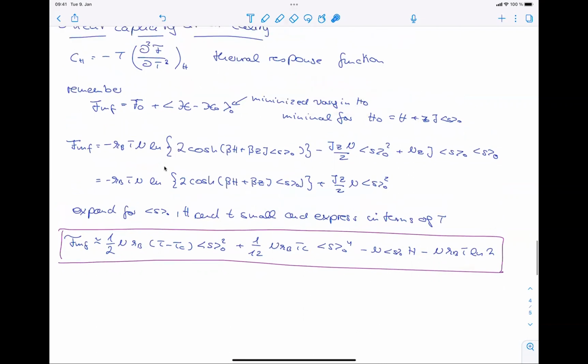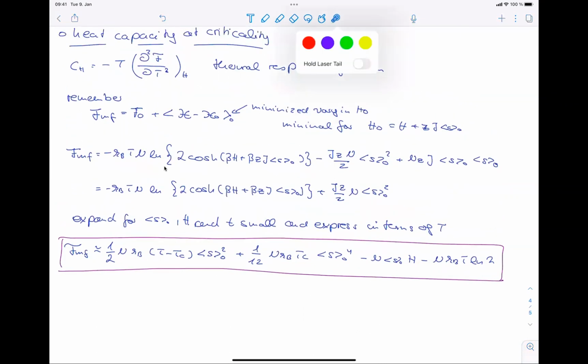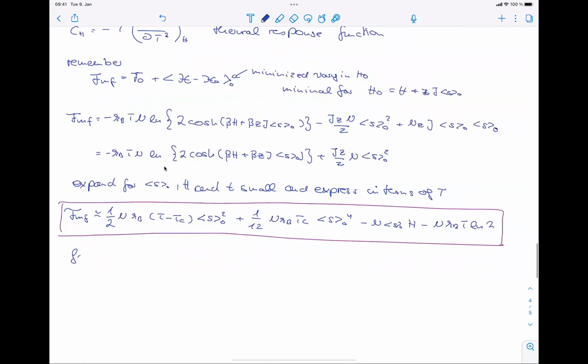Now we are interested in deriving the heat capacity, so we want to take the derivatives with respect to the temperature of this expression. To make our life a little easier, we are going to use that we are interested in the behavior at criticality, so we can already assume the behavior at criticality that we do know for the magnetization. So we know that above criticality, we have the mean magnetization being 0.